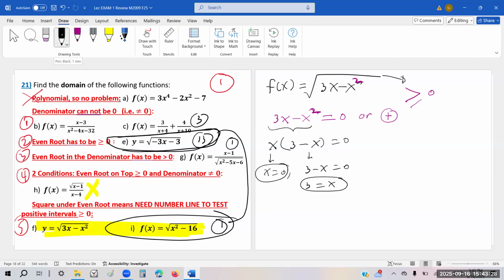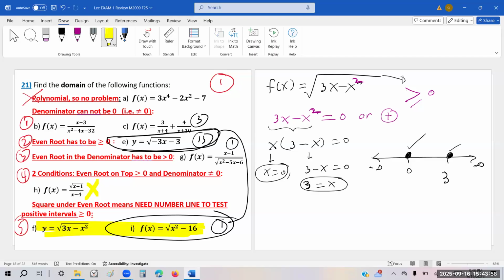So there are two numbers that make y zero. One of them is x equals 0 and the other one is x equals 3. So you put them on the number line. We have 0 and we have 3. We have positive infinity and negative infinity. So these two make our function 0, which is allowed. Now we want to know which of these intervals makes it positive.